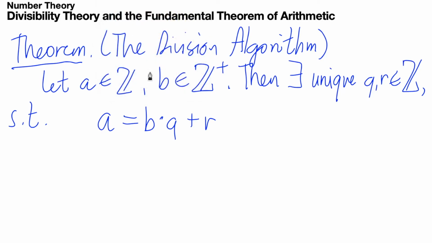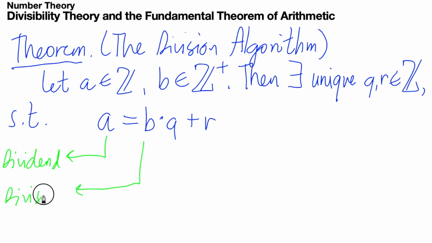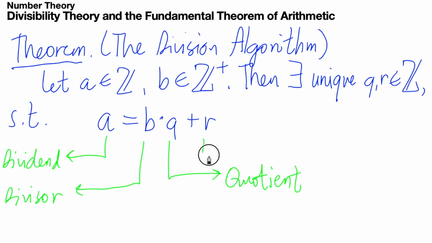Let's name them. This a is our dividend. The b is our divisor. The q we know as our quotient, and r as our remainder.